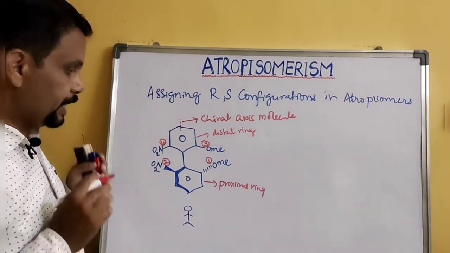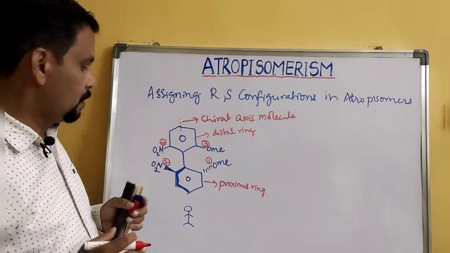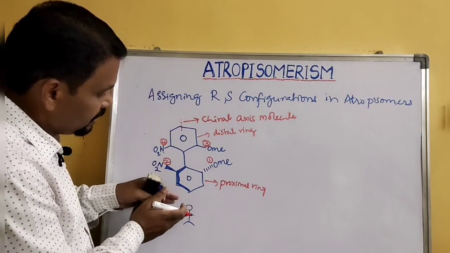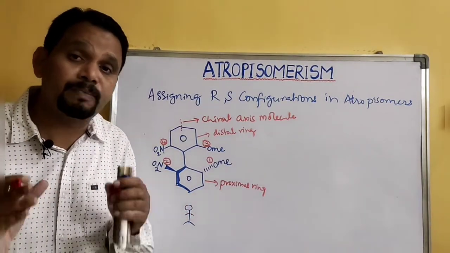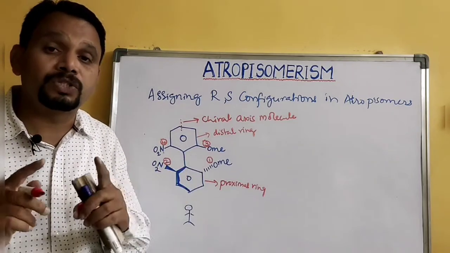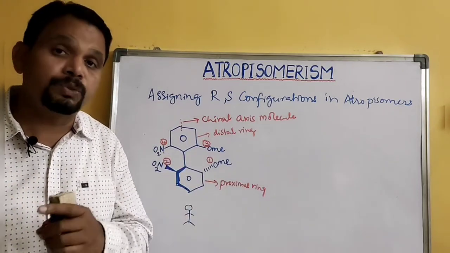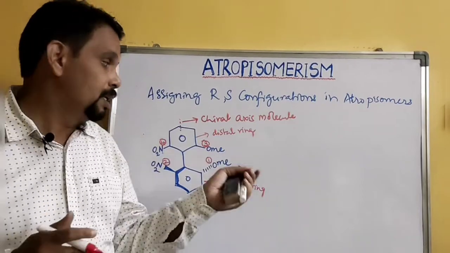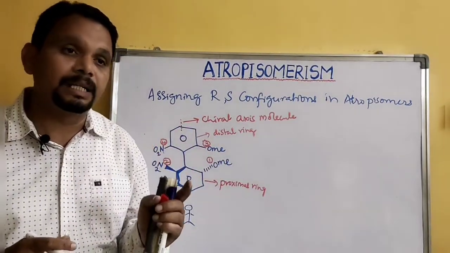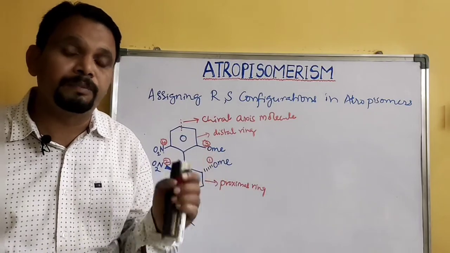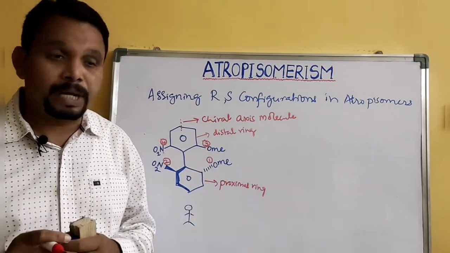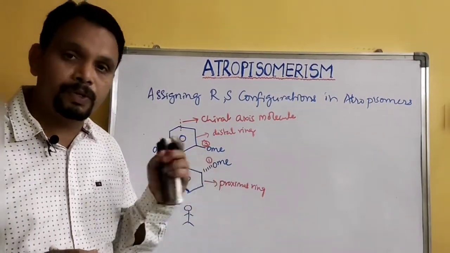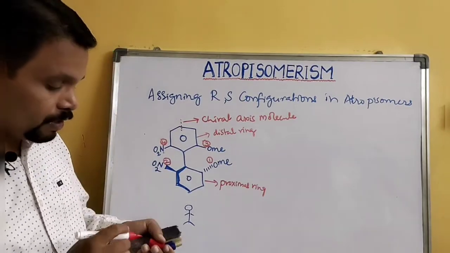This is the first step: if you view the molecule from any side, the nearer ring is the proximal ring and its two ortho substituents are given priorities 1 and 2, and the away ring, the distal ring, has its ortho substituted groups given priorities 3 and 4. Once priorities are given to the four groups, you can write the Newman projection.